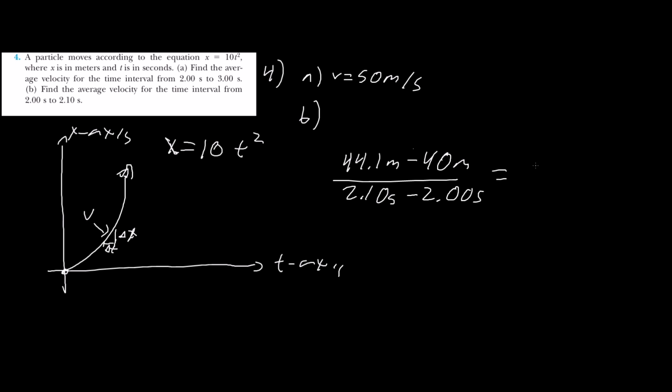Or in this case, that would be 4.1 meters over the course of 0.10 seconds. So the velocity, multiplying by 10 on both sides, would be 41 meters per second, and that's part B.